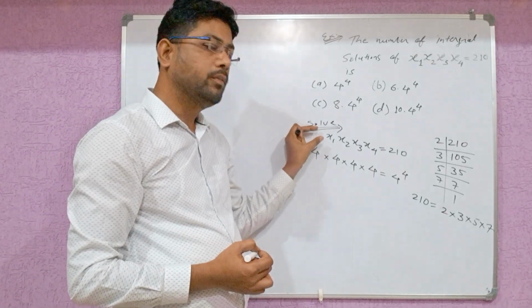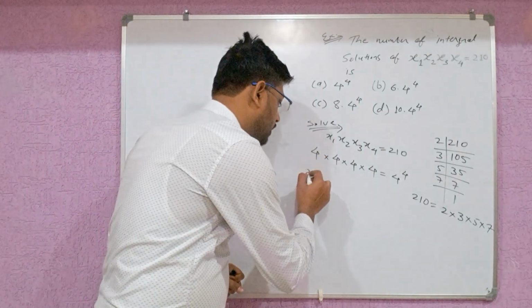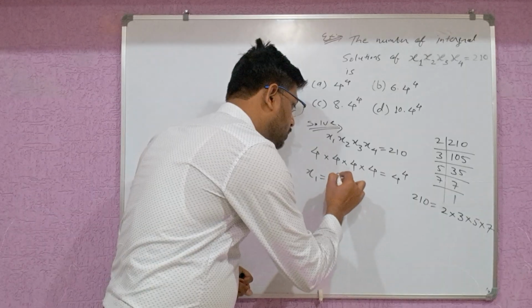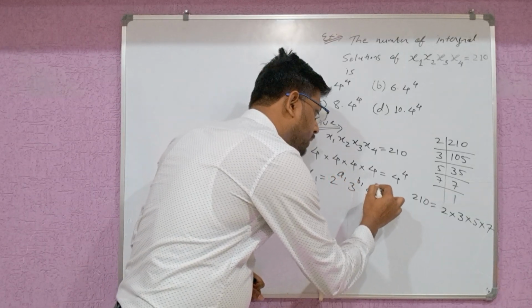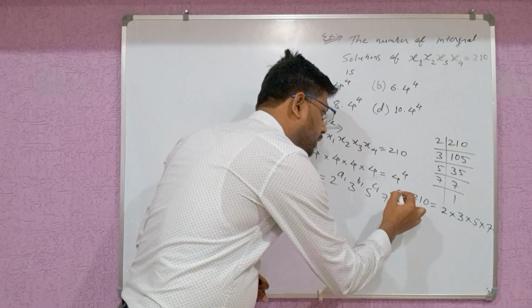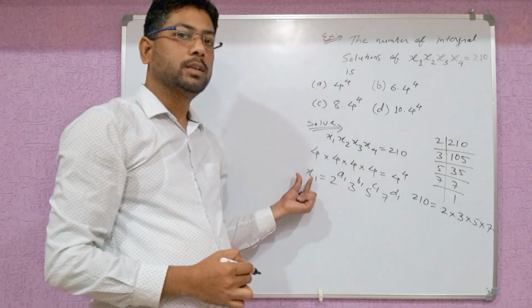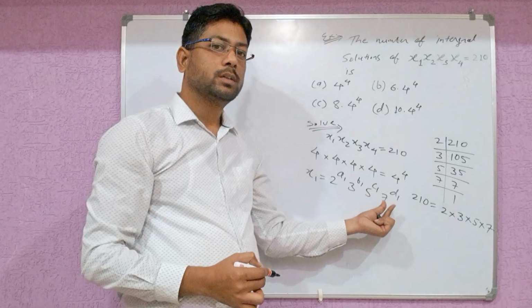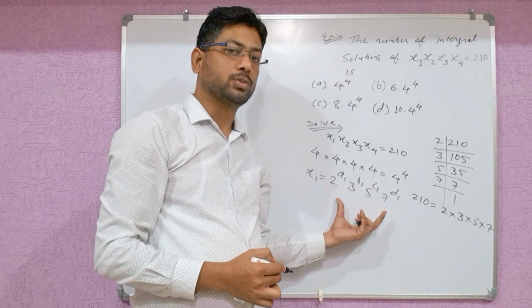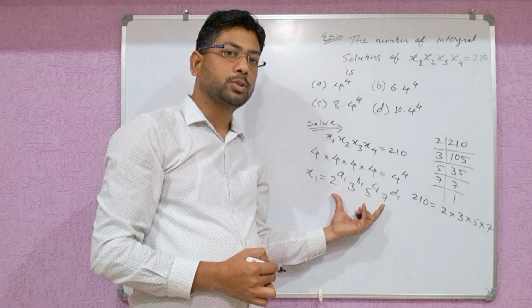For that we have to take x1 as 2 raised to power a1 × 3 raised to power b1 × 5 raised to power c1 × 7 raised to power d1. Why? Because in this x1 there can be a factor of 2 or 3 or 5 or 7 or different combinations of these, so I have taken all the possibilities here.